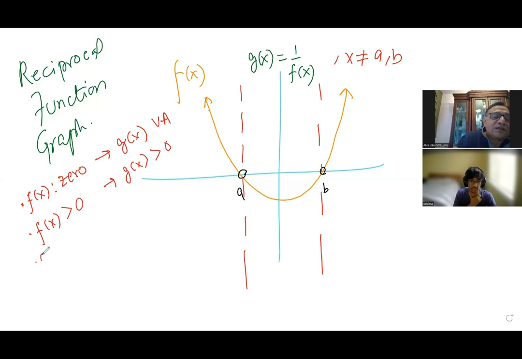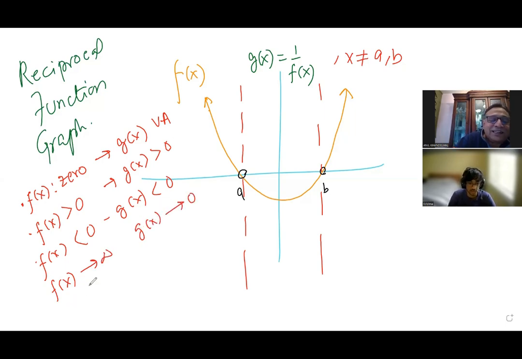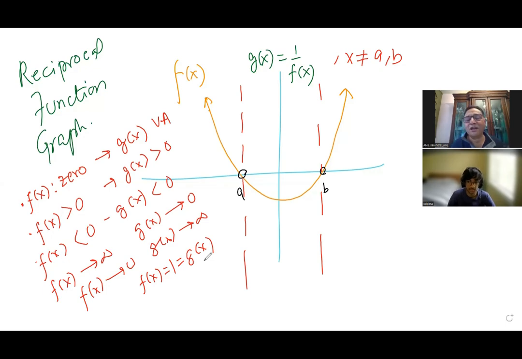If f of x is less than 0, then g of x will be negative. If f of x is approaching infinity, then g of x will approach 0. If f of x is approaching 0, g of x will approach an infinitely large value, the reciprocal. And if f of x is equal to 1, then that is the same as g of x. And that is our invariant point.